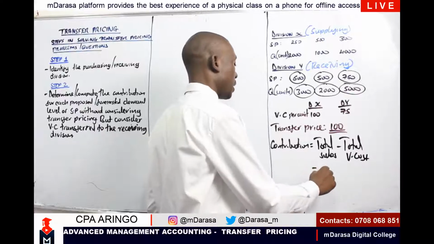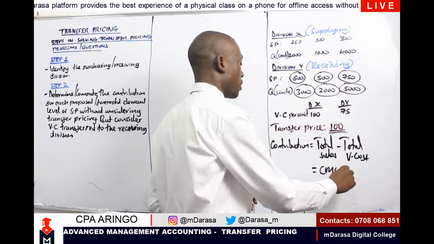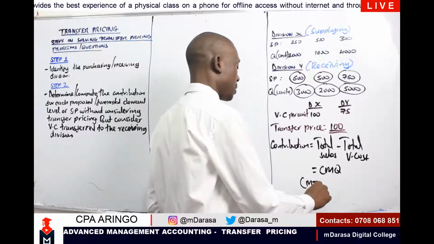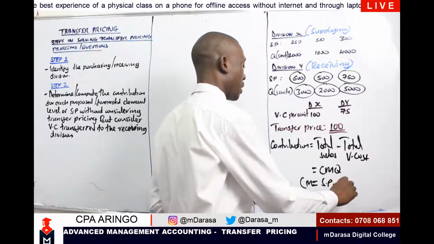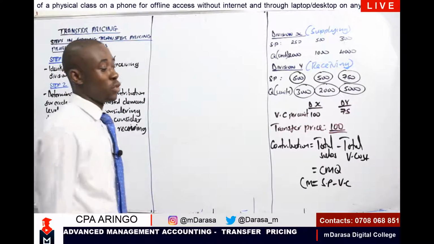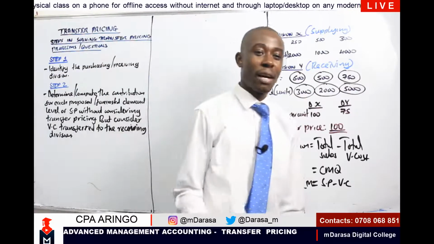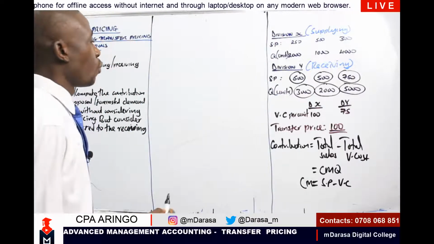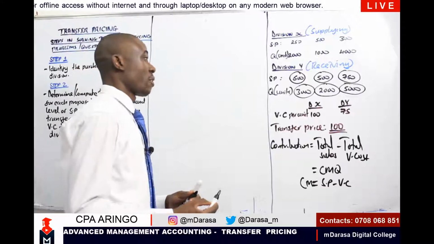Alternatively, we can take contribution to be CMQ, where CM stands for selling price per unit minus variable cost per unit. So I want to determine my contribution without considering transfer price.